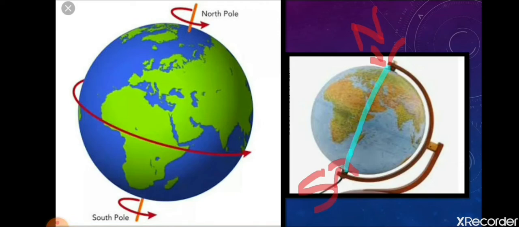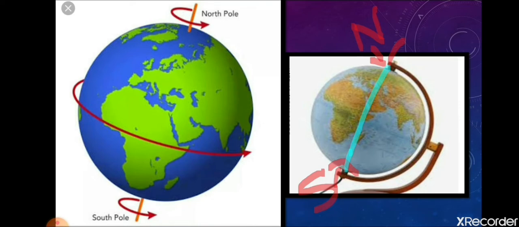Now have a look here at how our Earth is also rotating around a fixed axis. The axis of the Earth is an imaginary line. The real Earth does not have any such line, but it is an imaginary line along which our Earth rotates. Now this axis has two poles.